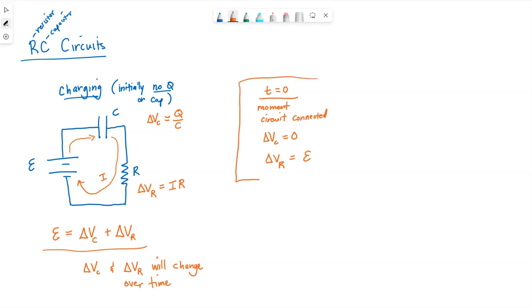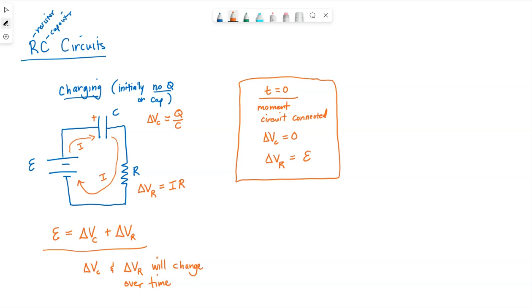So again, the moment the circuit is connected, because we're assuming no charge on the capacitor initially, at that moment the capacitor has no voltage, which means the resistor has to have all the voltage of the battery. But as this current continues to flow, charges will start to accumulate on the capacitor.